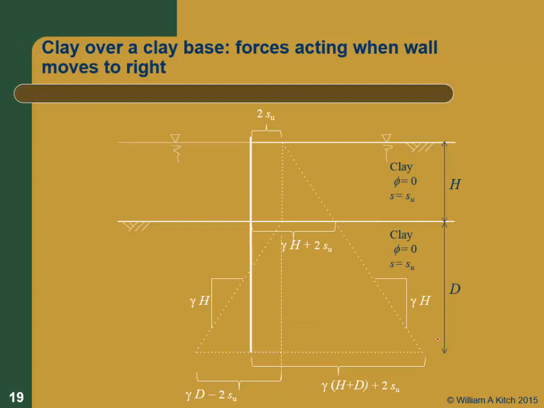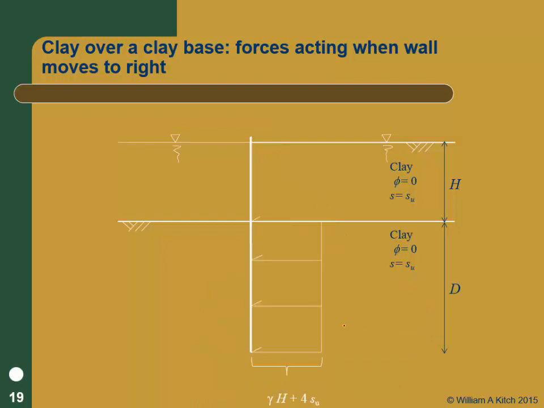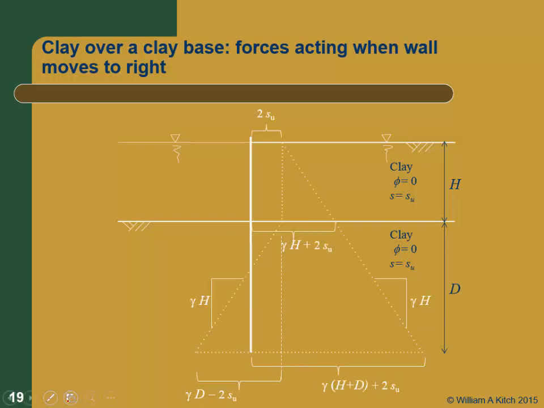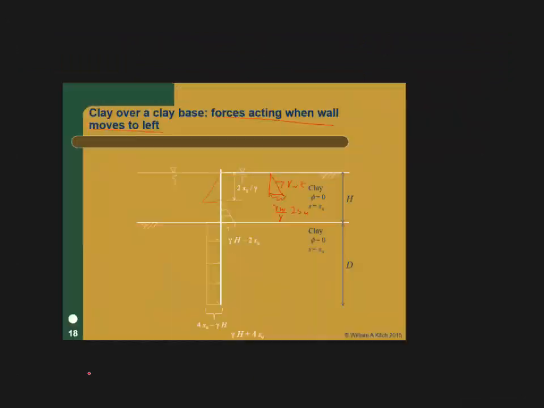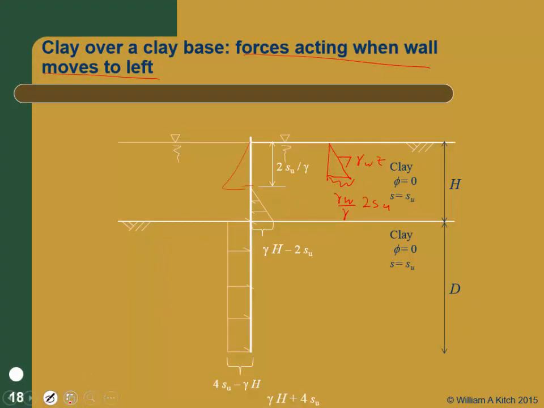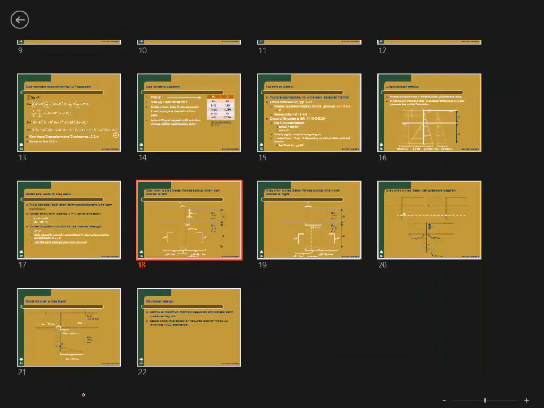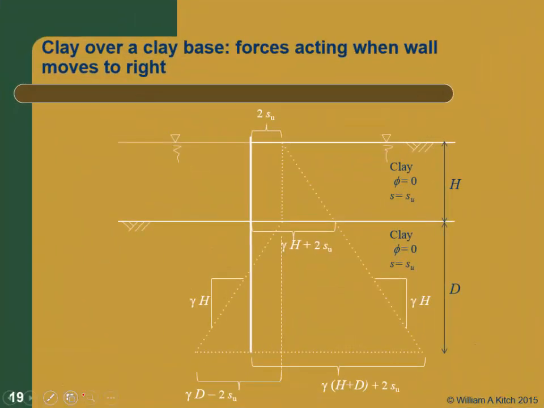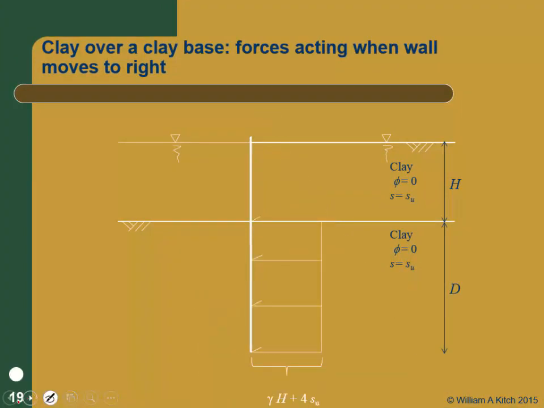Right, because I'm going to take that diagram and add it to this diagram, and the net pressure I'm going to get acting on the wall is just gamma H plus 4SU. So an interesting little solution.